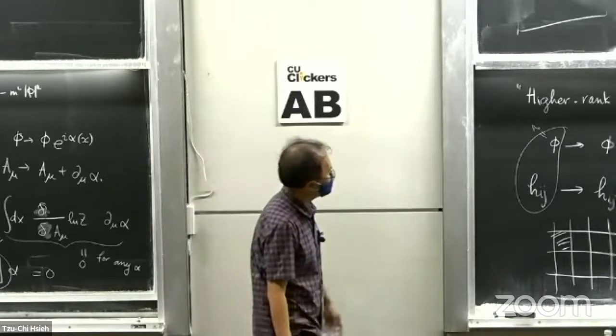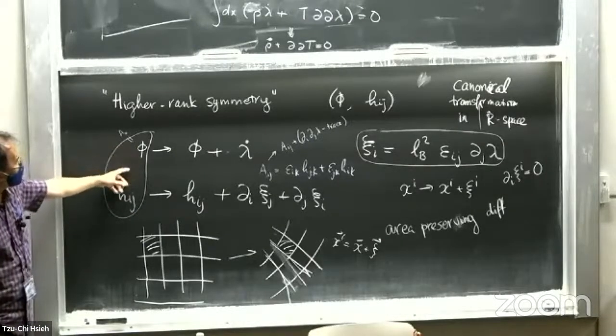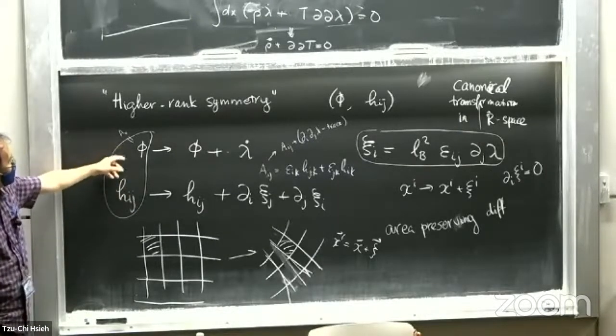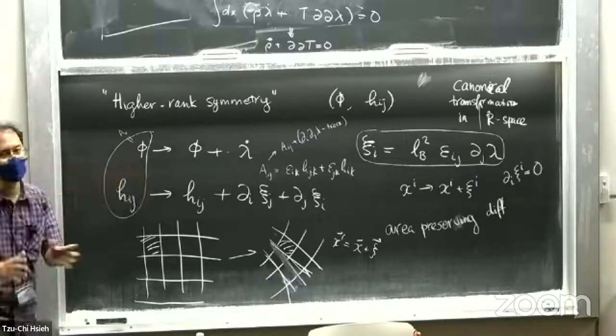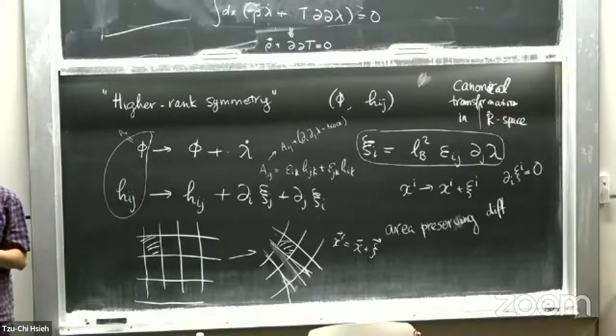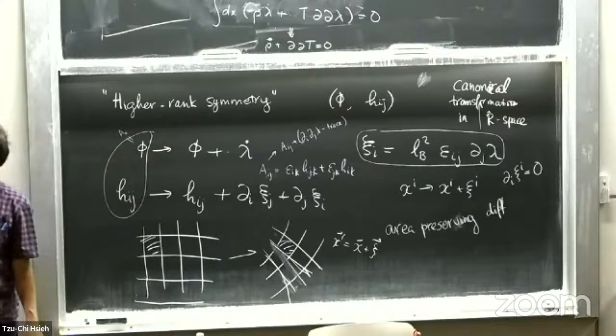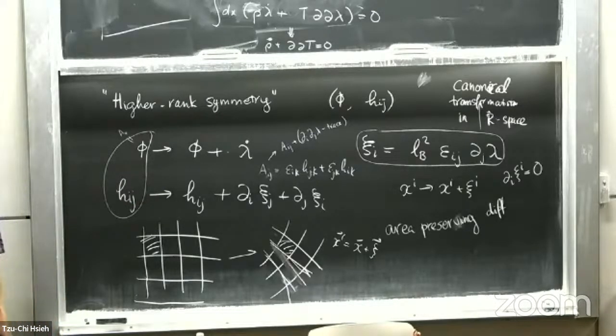All this has to be built in, and maybe I won't have enough time to explain, but from this symmetry one can get exact relations. For example, the relation between Hall viscosity and the so-called shift of the quantum Hall state also comes from this symmetry, a certain macroscopic fluidity. Where's the Hall?